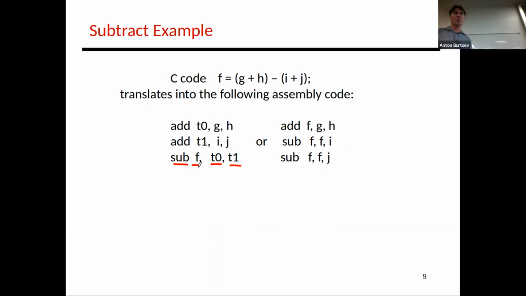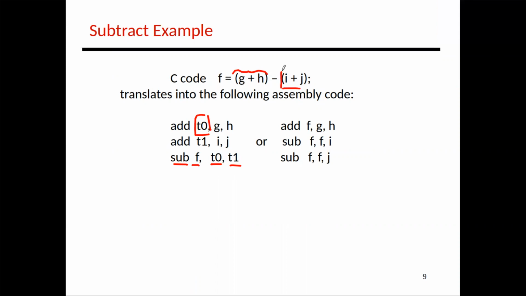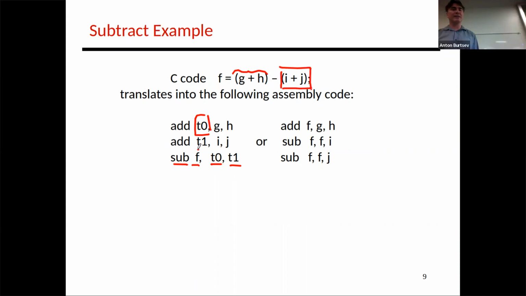In the encoding, we take G plus H in a temporary register T0, then I plus J in a temporary register T1, and then subtract T1 from T0, putting the subtraction result in the variable F.